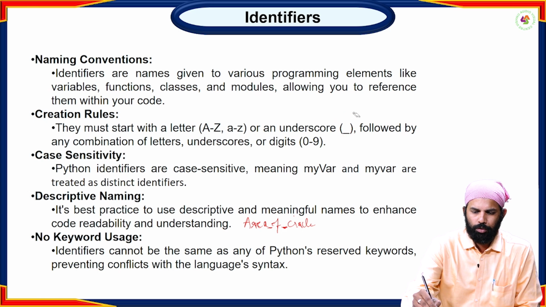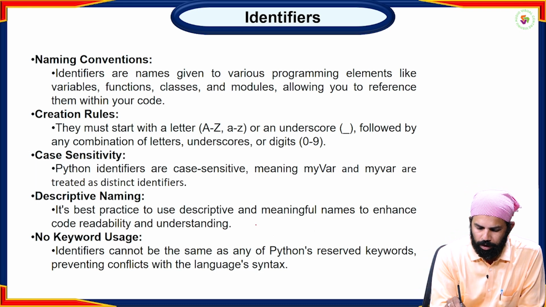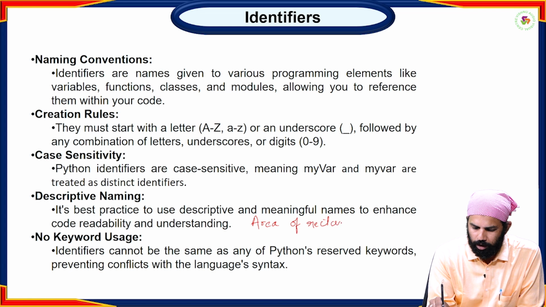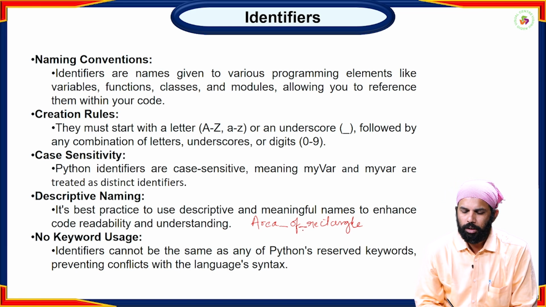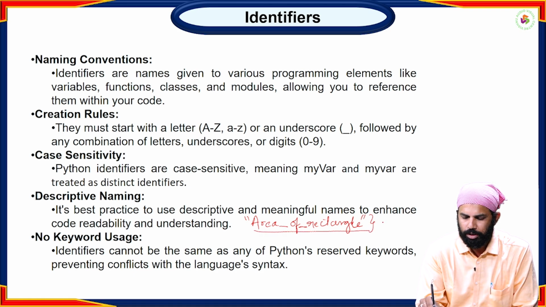Therefore, the descriptive names must be taken care of when we are giving names to any variable. If I give the name as area of rectangle, then I am supposed to give an underscore in between these three words, and then the interpreter will consider this complete string as an identifier name.